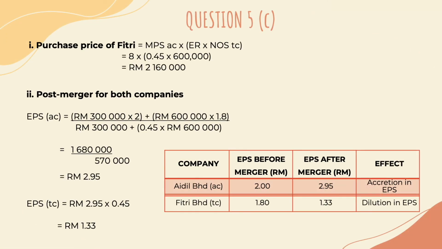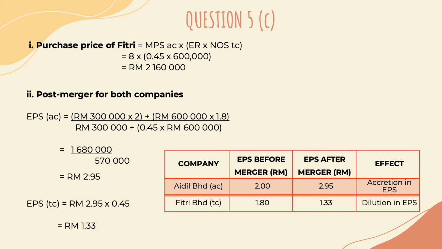Next, C1. Calculate the purchase price of FIN3 Berhad, which equals MPS AC times ER times NOSTC. 8 times 0.45 times 600,000 equals RM2,160,000.